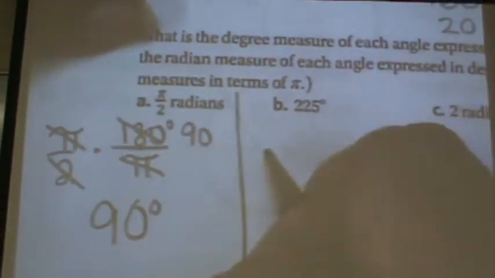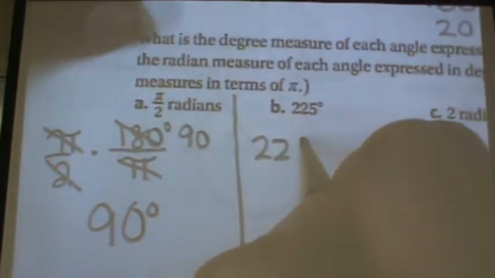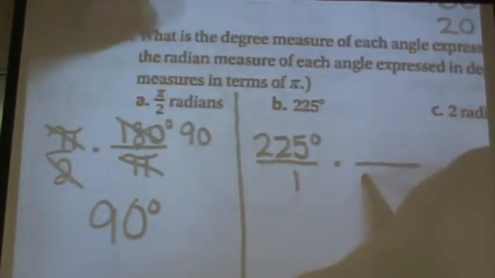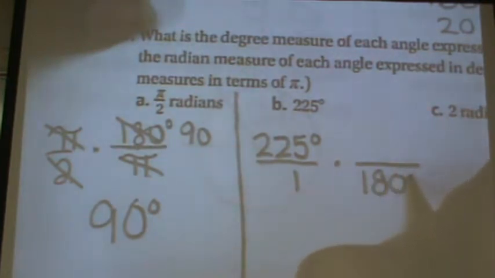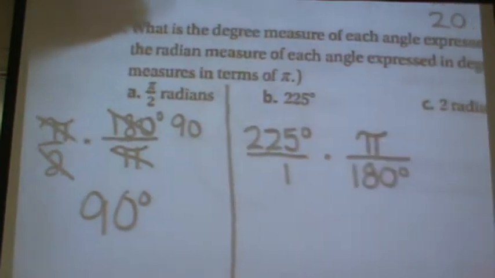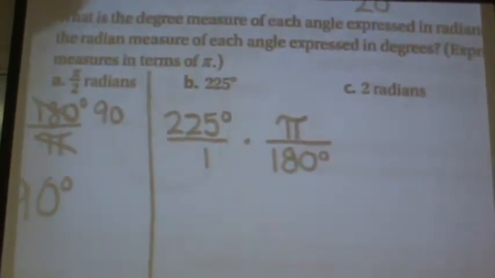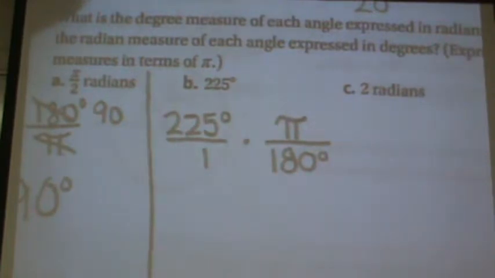How about 225 degrees? 225 degrees, how many radians is this? We can take 9 out.